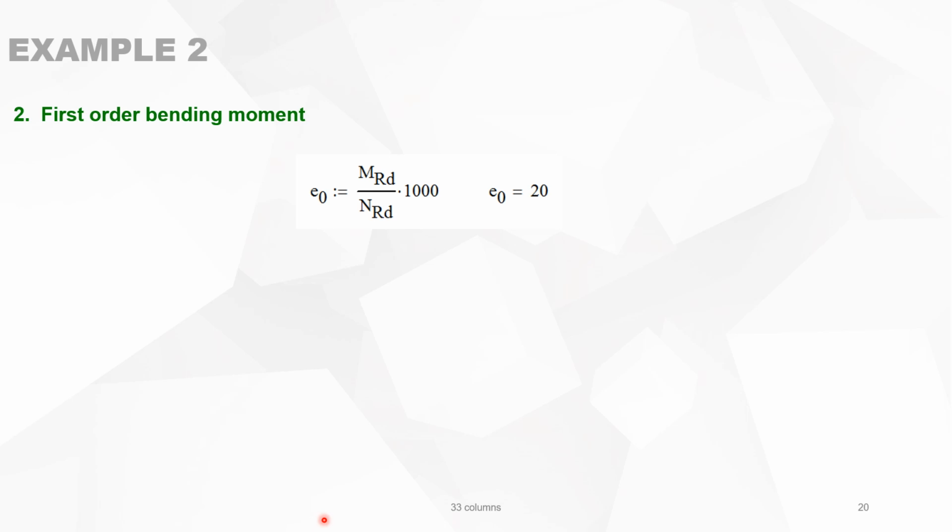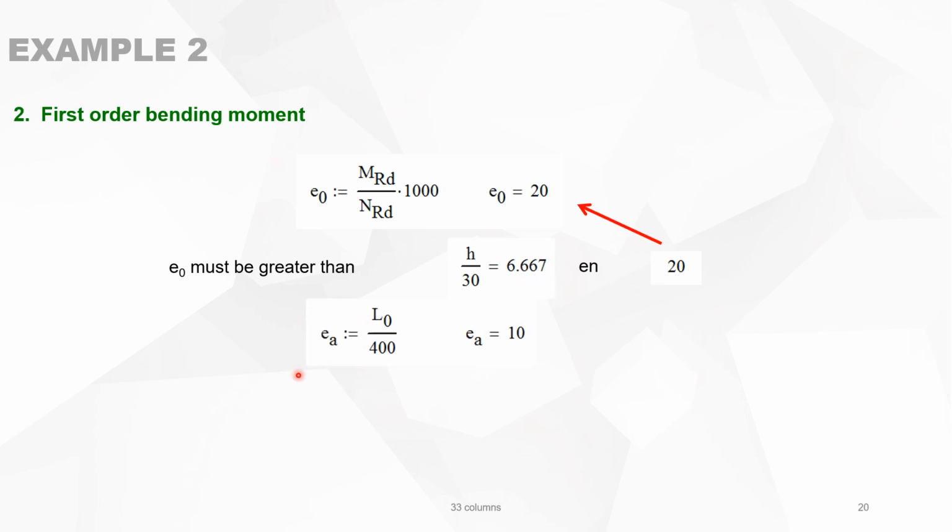The first order bending moment is given by e0, which is M over N, and that means 20 millimeters. But e0 must be greater than h over 30, which is 7 millimeters, or 20. And the accidental eccentricity is the effective length divided by 400, or it's 10 millimeters.